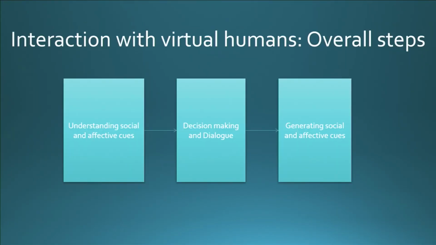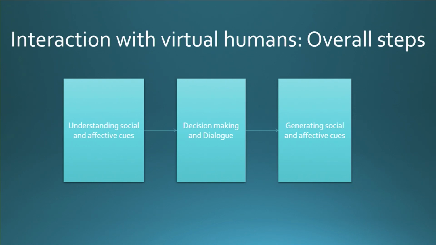If we look at a very high level what is happening in socially interactive characters, the first stage is understanding social and affective cues, the middle stage is decision making and dialogue, and the last part is generating social and affective cues.